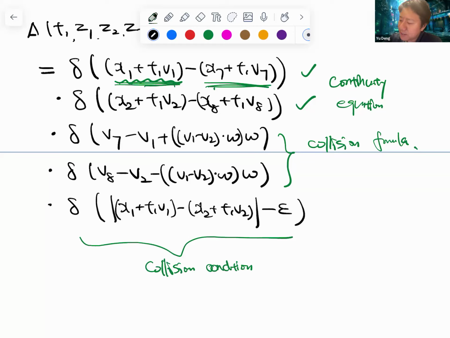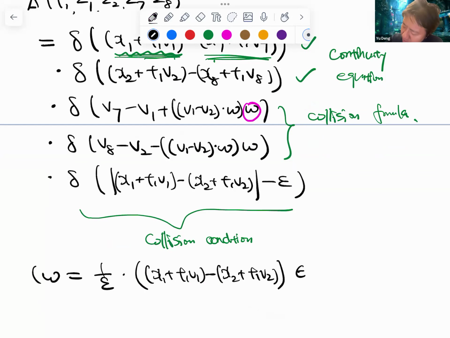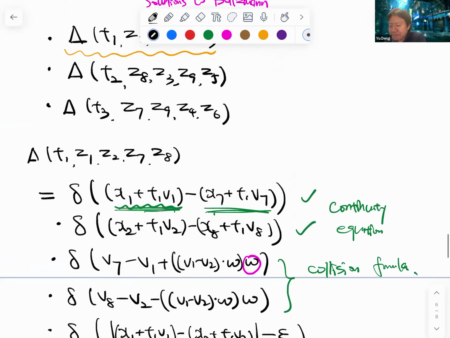And of course, omega here is precisely 1 over epsilon times this vector. So this belongs to the unit sphere.